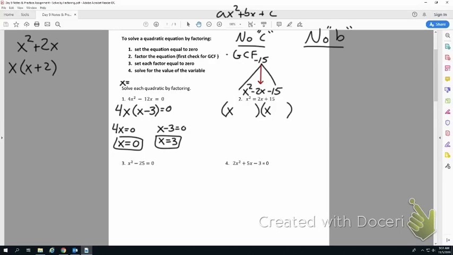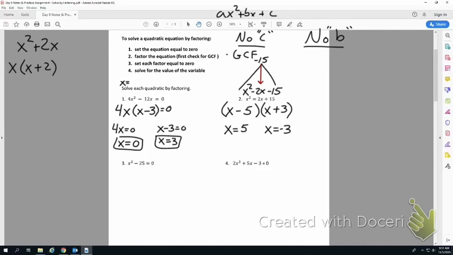What two numbers multiply to get negative 15 but add up to negative 2? You get negative 5 and 3. So I'm going to have x minus 5 and x plus 3. And then once I have that, I set each one of those equal to 0 and I solve.